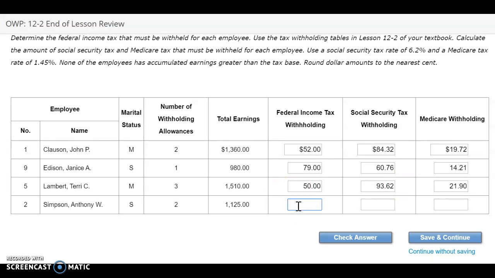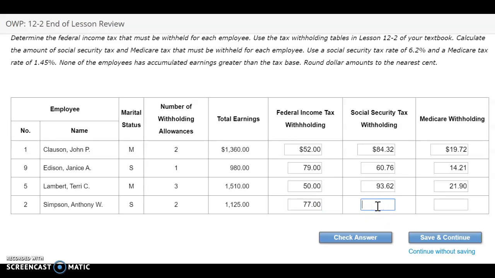Last one here is Anthony Simpson, and he is single. So I'm going to find the single chart, and then my total earnings are 1,125. So that is going to fall into the at least 1,120, but less than 1,140. And he has two withholdings. So I'm going to move along the chart to two, and that's $77 in federal income tax withholding.